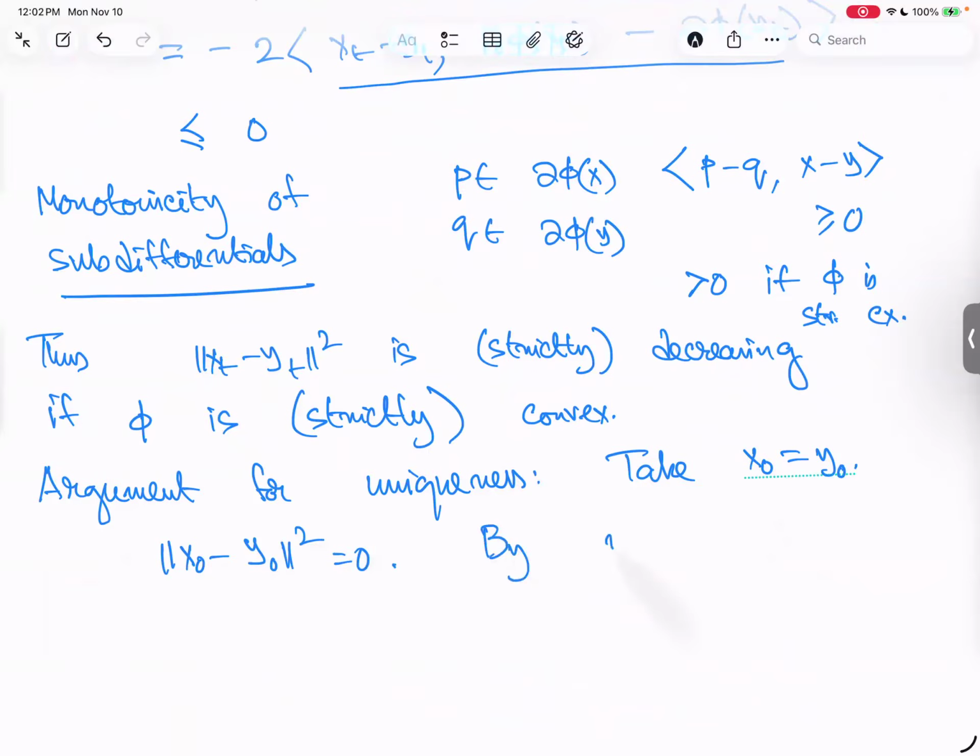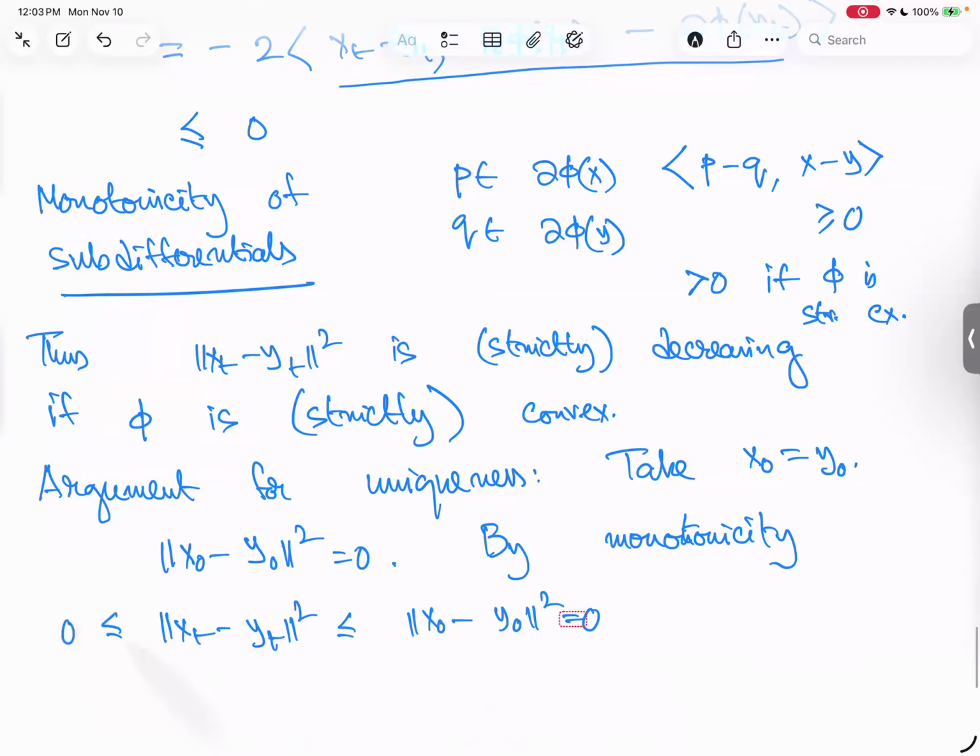By monotonicity, the norm square of xt minus yt, which is less than or equal to the norm square of x0 minus y0, must also be 0, but this is of course non-negative. And this implies that xt is equal to yt for all t. This gives me uniqueness.